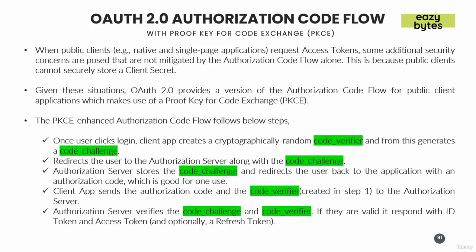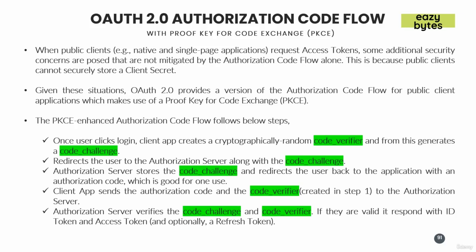The very first step is that when the user clicks login, the client app creates a cryptographically random code verifier. It generates a random value by leveraging some encryption algorithm. We call that random value the code verifier. From this random value, it again generates a different value called the code challenge.